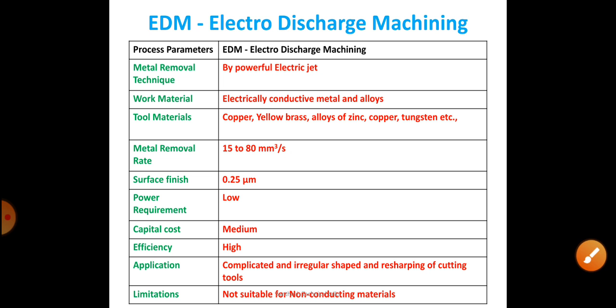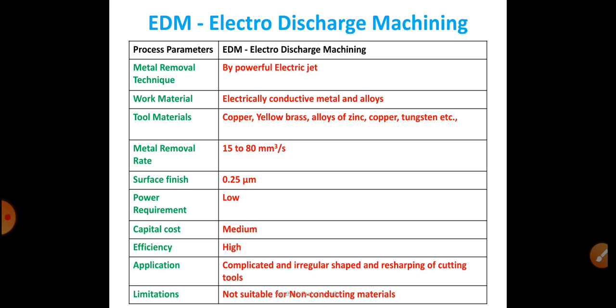Here are the process parameters of EDM. The metal removal technique is by powerful electrical jet. The work material, whatever the material, may be metallic or non-metallic or an alloy, if it is good electrically conductive, then we can use EDM.